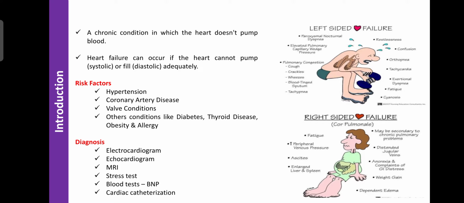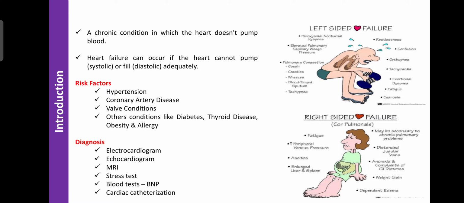The next one is coronary artery disease. The coronary arteries are blood vessels that originate from the aorta. They supply pure blood to the walls of the heart, that is, the walls of both the atria and the ventricles.